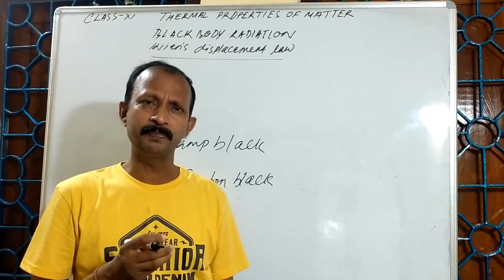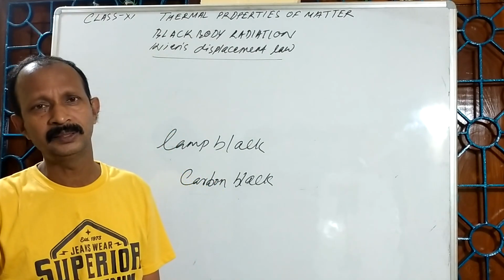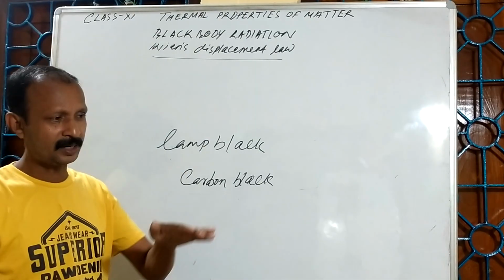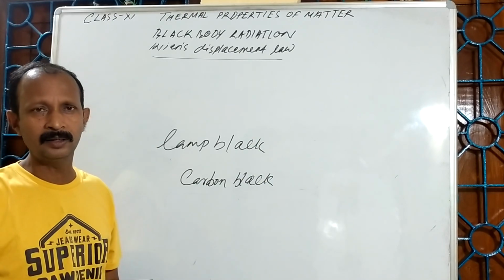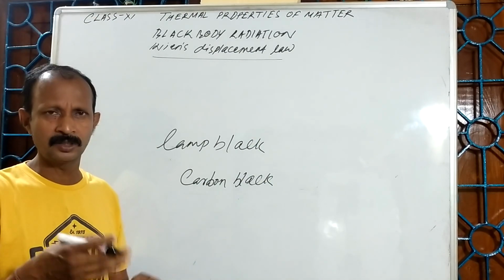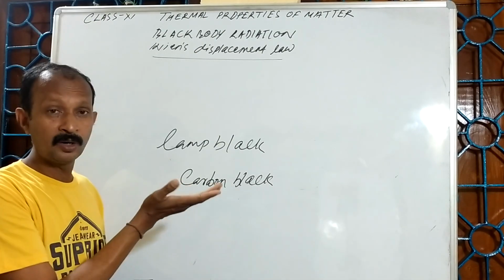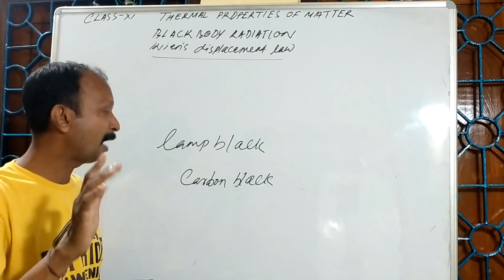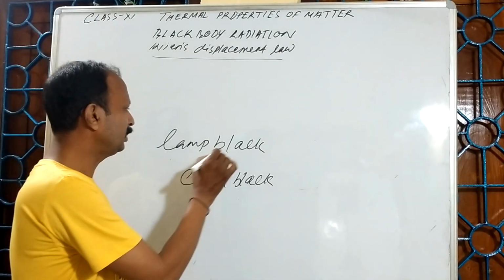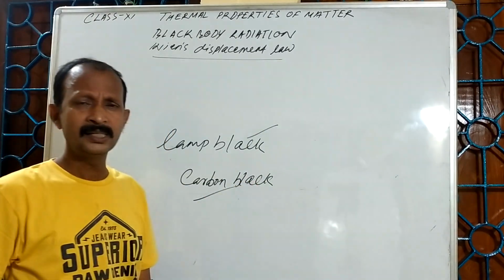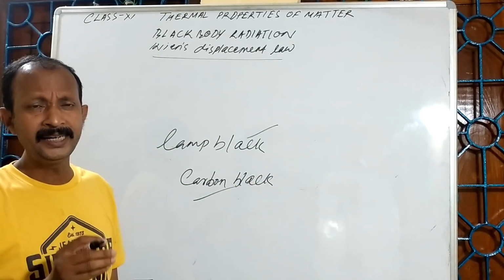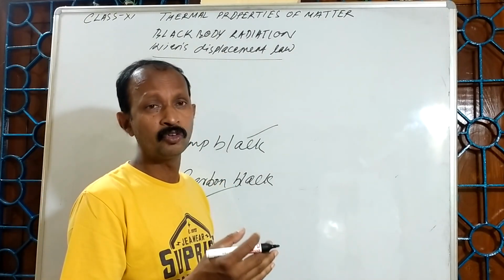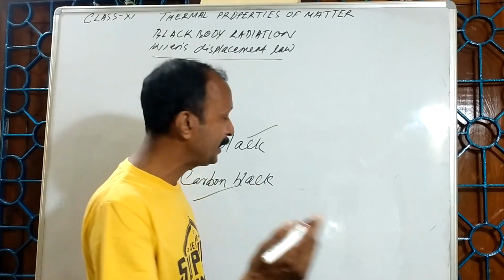My mother also used to prepare black for using in my eye. She would keep the deepam, the lamp, and over that lamp keep one pot filled with water for 4 to 6 hours. The bottom of the container would be covered with a black sooty substance. That is the lamp black. So either you can say lamp black or carbon black. These are ideal black body examples which can absorb the maximum amount of electromagnetic radiation.